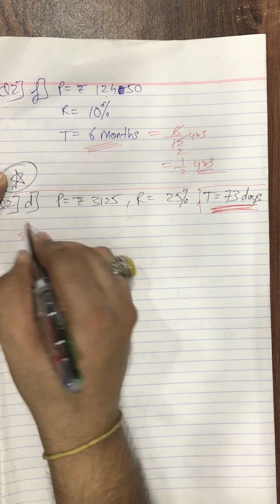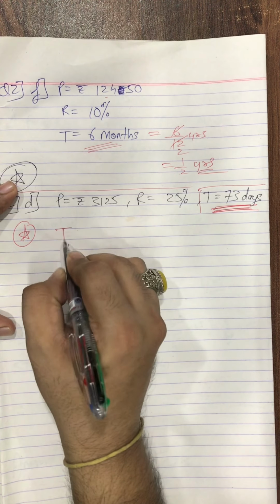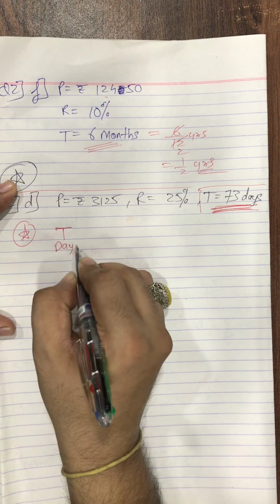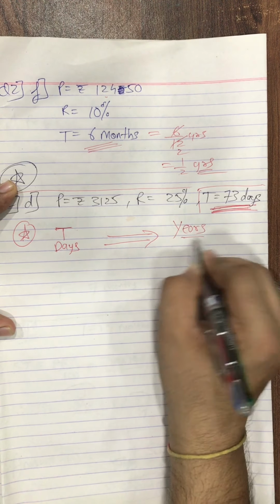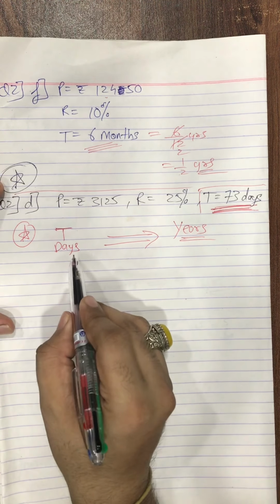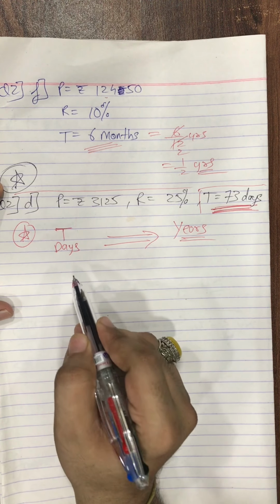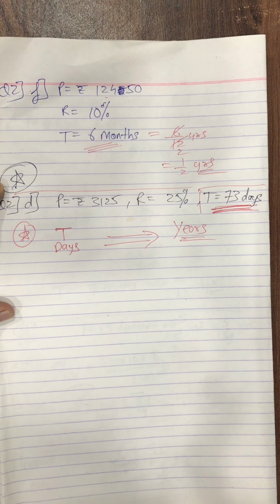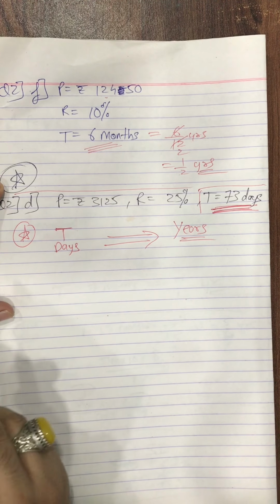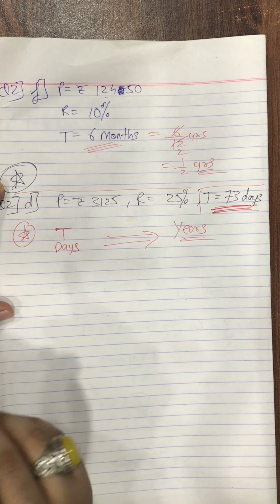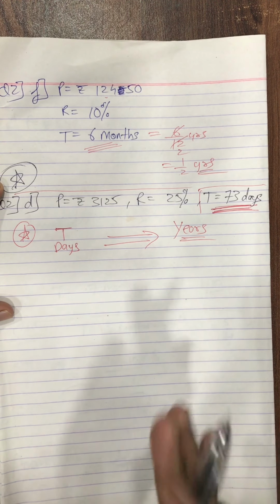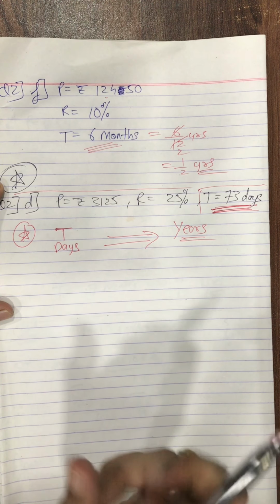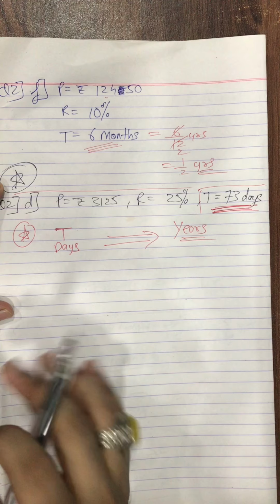Whenever you need to convert the time period from days to years, what to do? Please mark my words, we have 365 days in 1 year. Of course, I know a leap year has 366 days, but they will not tell you which year exactly is a leap year or non-leap year.